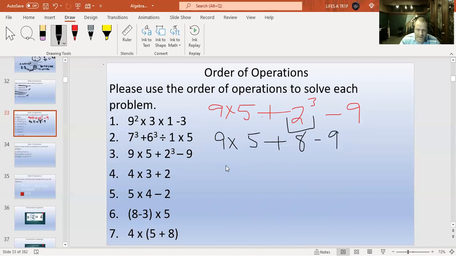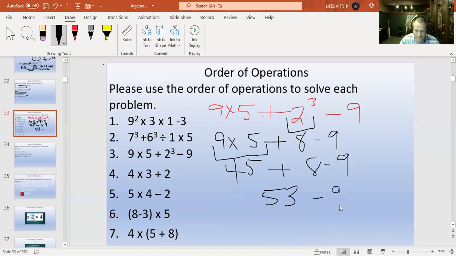So we're going to have 45, because we're going to do our multiplication next, plus 8 minus 9. And we're going to do 53 minus 9, and our answer is 44.